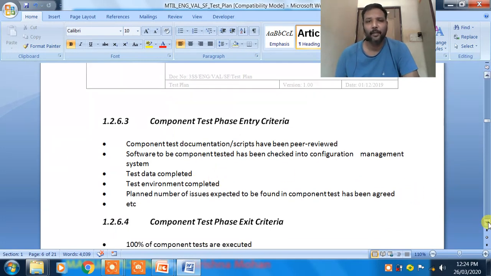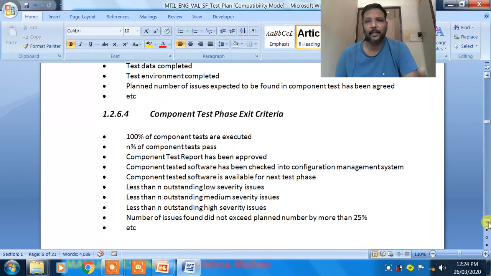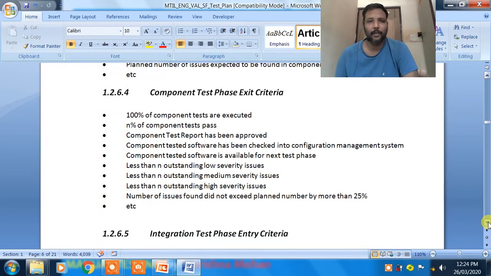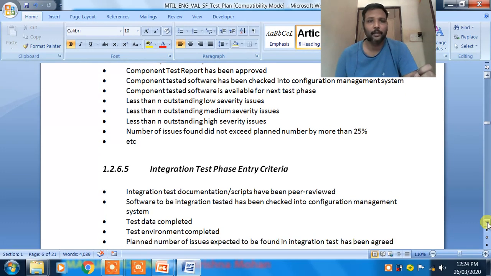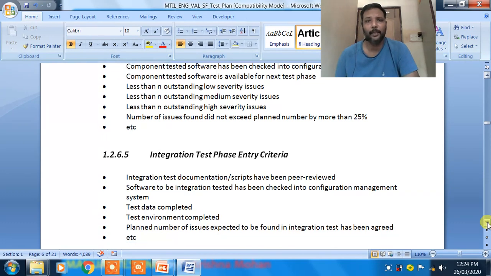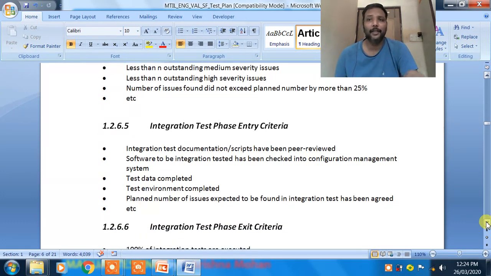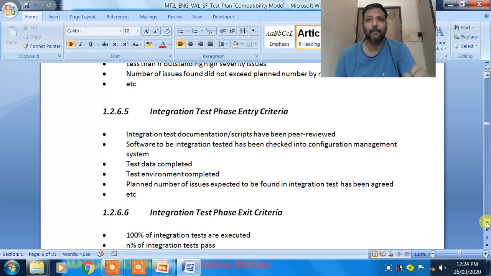So the entry and exit criteria for that type of testing, it may be hardware related, or it may be module-wise testing. Then, after the module is prepared, the integration will be from software to software or from software to hardware. That's what I am telling.